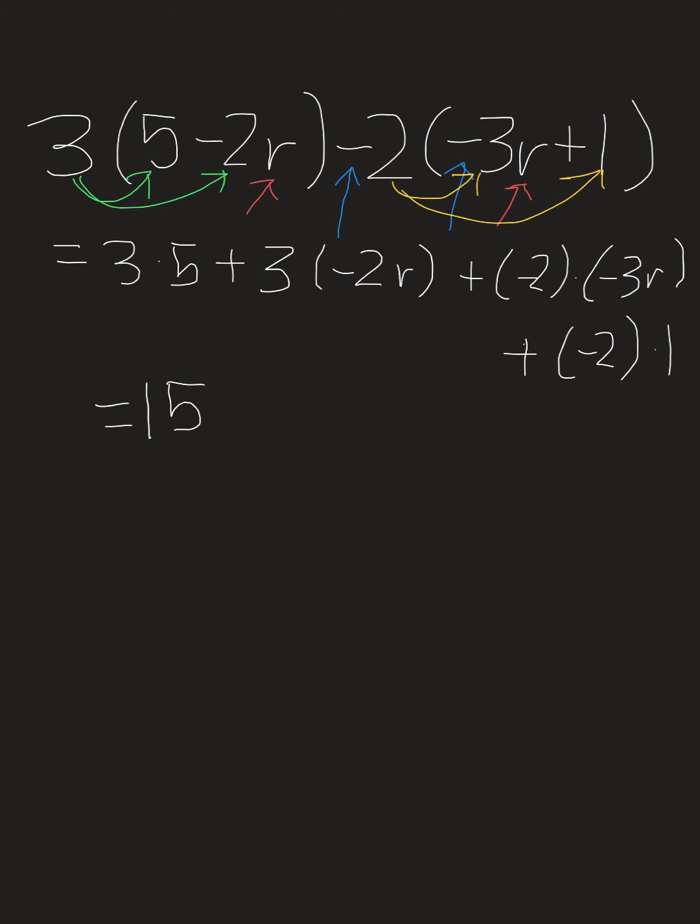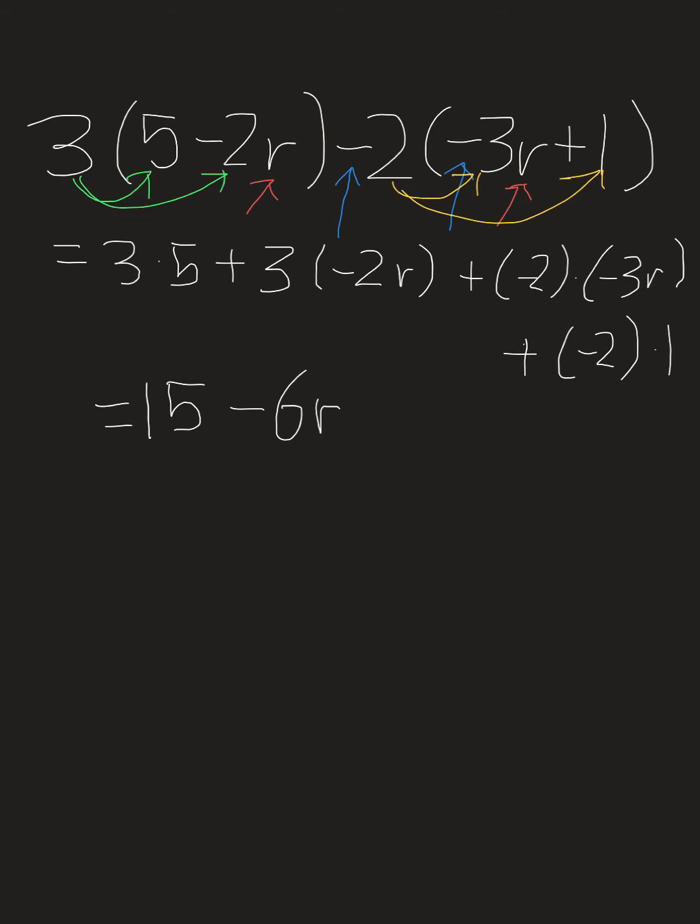Good. 3 times 2 is 6, so 3 times negative 2 is negative 6. Louder. Good. 3 times negative 2 is negative 6. And then we add the r.